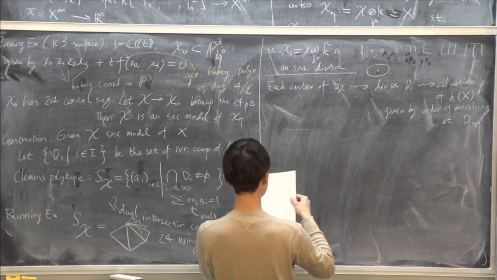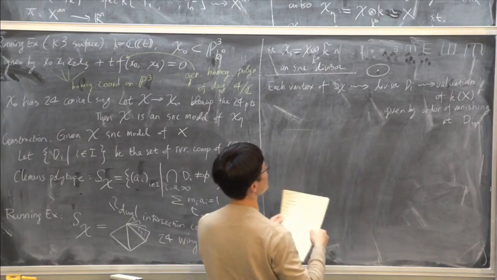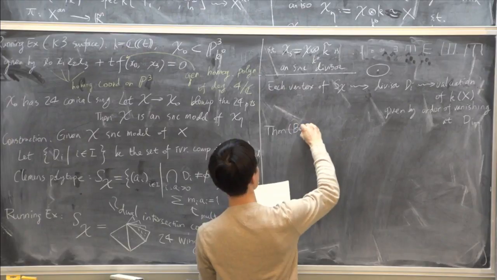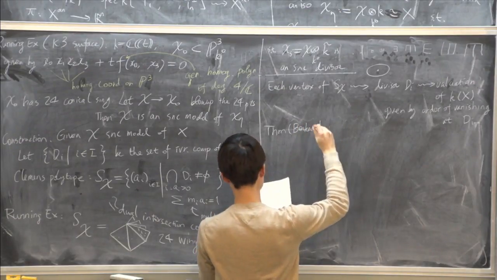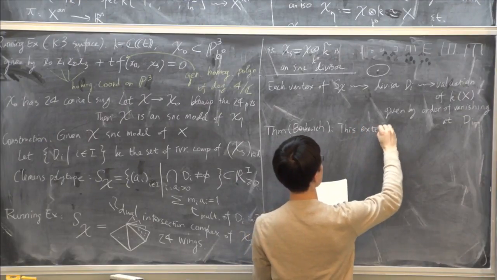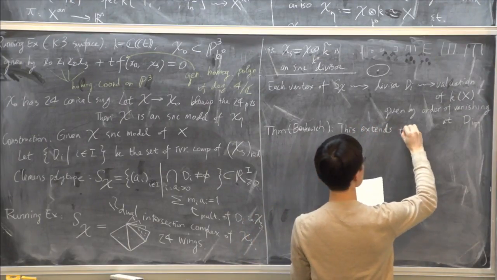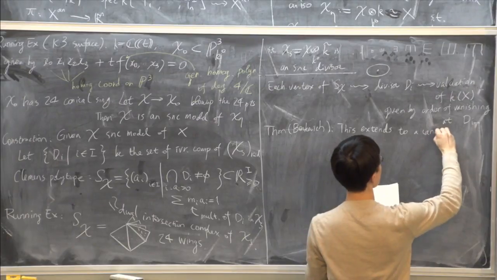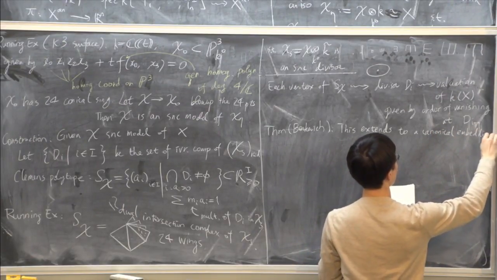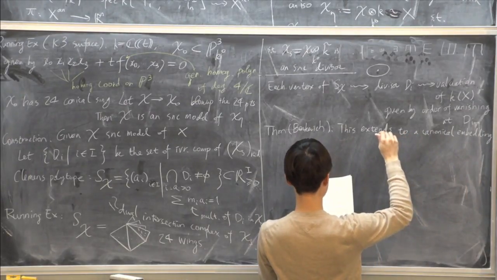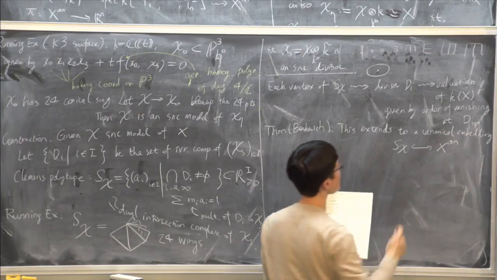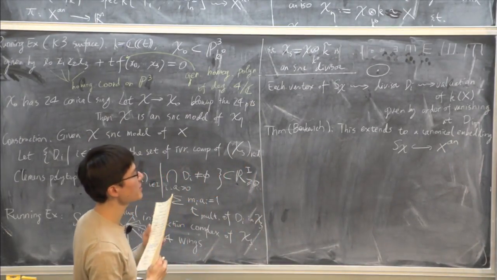So here, just for a single divisor di, the theorem of Berkovich says that this extends to a canonical embedding from the Clemens polytope to the analytic space.